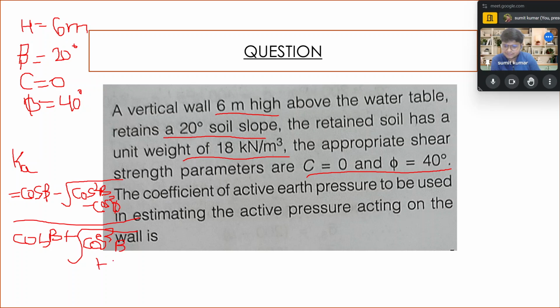So when you know the value of beta as 20 degree, phi as 40 degree, and C is 0, you calculate Ka as cos beta minus root under cos square beta minus cos square phi by cos beta plus root under cos square beta minus cos square phi. Then you are able to calculate the coefficient of active earth pressure for this condition.